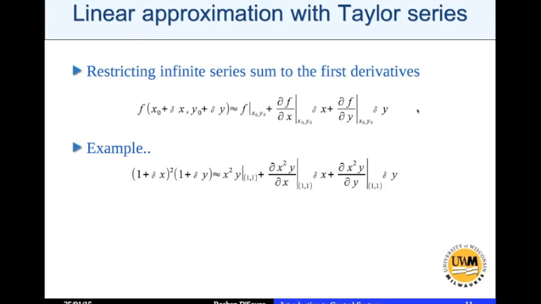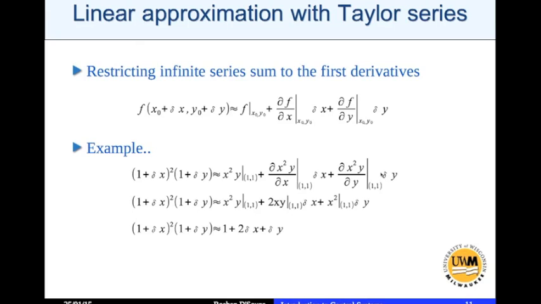So for example, in our previous case, we would just take f of x y evaluated at 1 1 and these two terms, with delta x and delta y, nothing more. All the second order terms, we just drop them. That's the linear approximation with Taylor series. If you work this out, you're going to get 1 plus 2 delta x plus delta y.